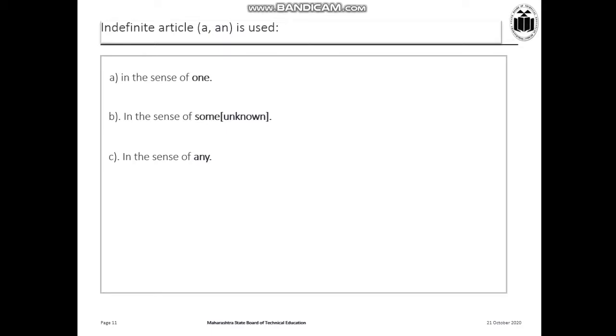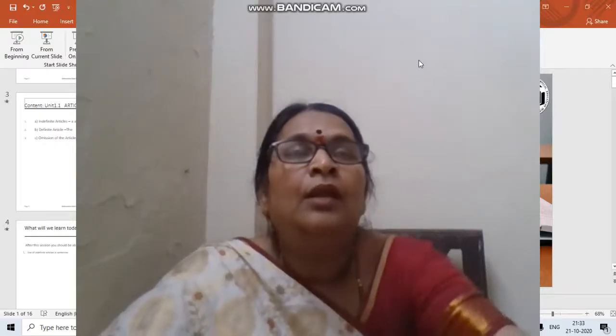And in the sense of any, what is meant by in the sense of any? Suppose computer is an electronic device. So it is any computer is an electronic device. So whenever you want to say any, in such situations also we can utilize the indefinite article a or an.